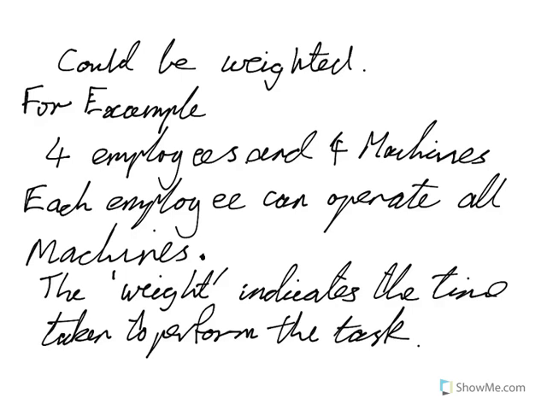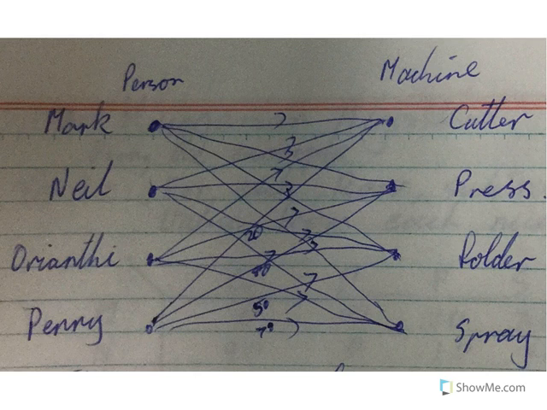Alright, so again, you get your bipartite graph like that, so person on one side, machine on the other, and you end up with something like this. So they can all do things. Now, I've started to fill in some stuff. So like Penny, for example, she can operate the spray task, but that's going to take 70 minutes.